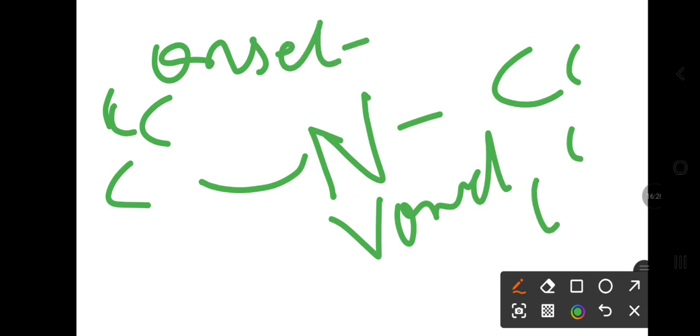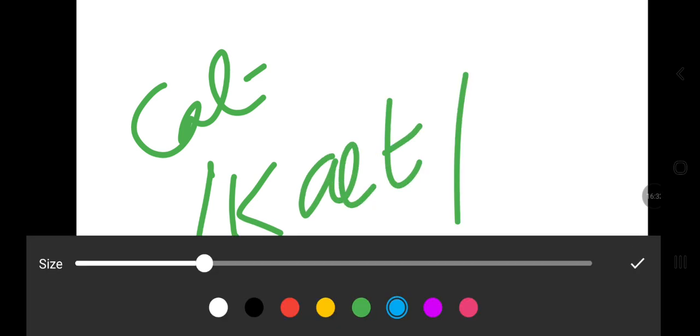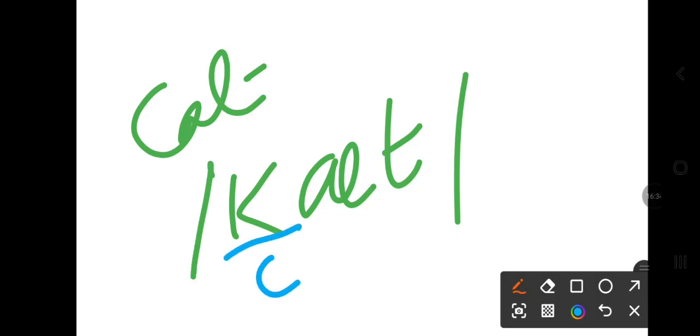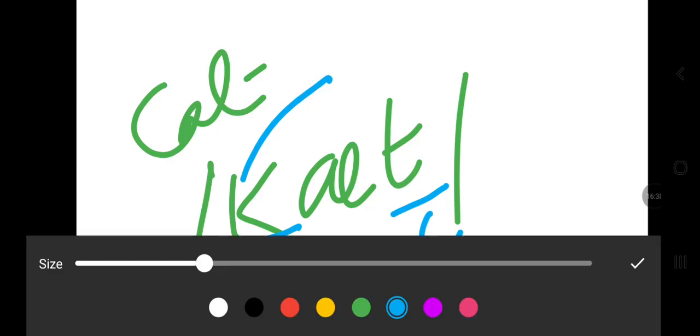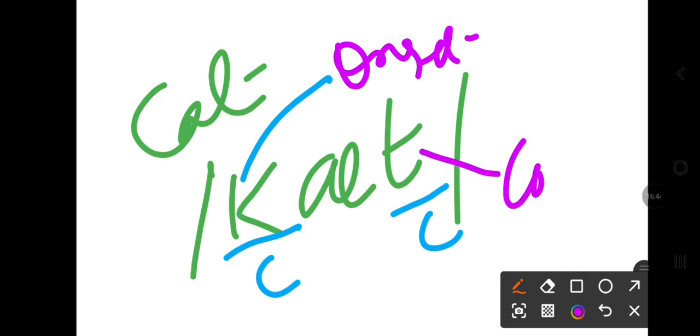This is called coda. They are giving the example of cat. Phonetic transcription of cat is this one. Here this is a consonant, and this consonant is called onset, and this is coda.